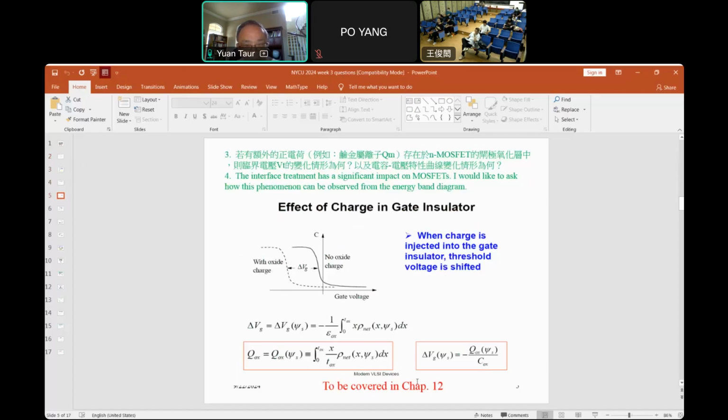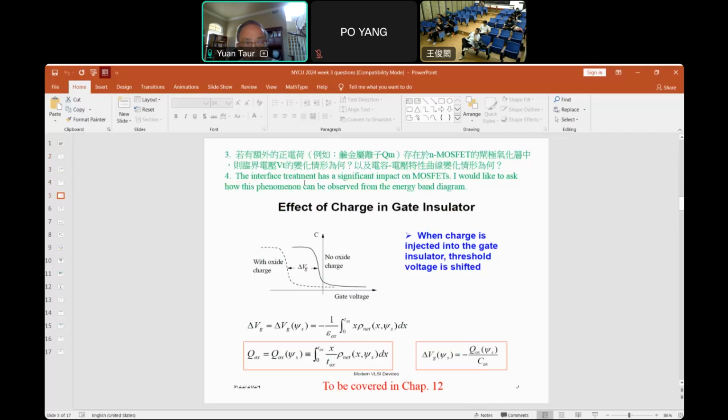But in chapter 12, which is actually a memory device, especially the non-volatile RAM or the flash device, we intentionally put the charge in the oxide. Then it will shift the CV. This shows a positive charge in the oxide, so the CV shifts negatively. Yeah. So we'll talk about more details later.